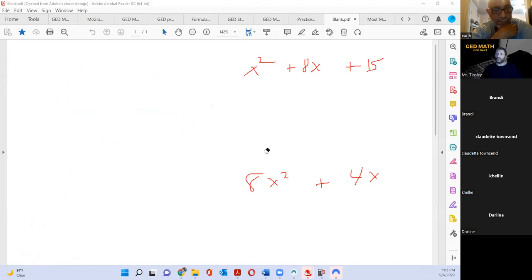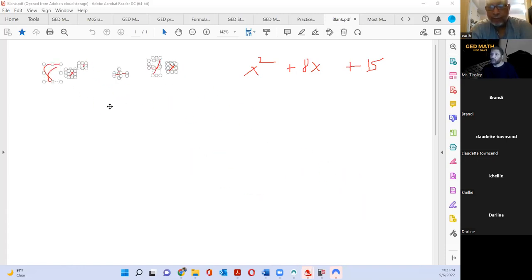You also have to be able to factor a quadratic equation. But before we do that, let's do this last one. Let's look at both numbers again. So now we have 8x squared plus 4x. Let me move this over and let's factor that first. First of all, we're going to look at the coefficients. We look at the like terms together. So we look at the 8 and the 4. What is the greatest common factor of 4 and 8?